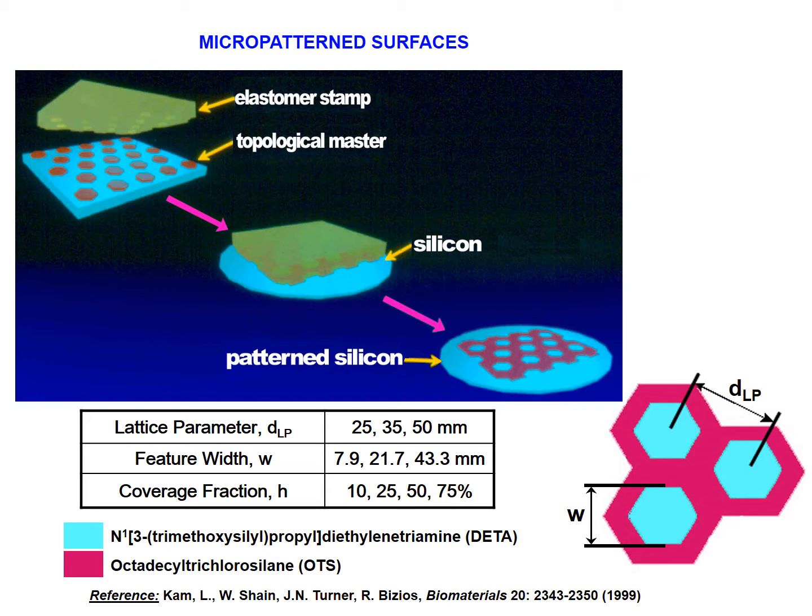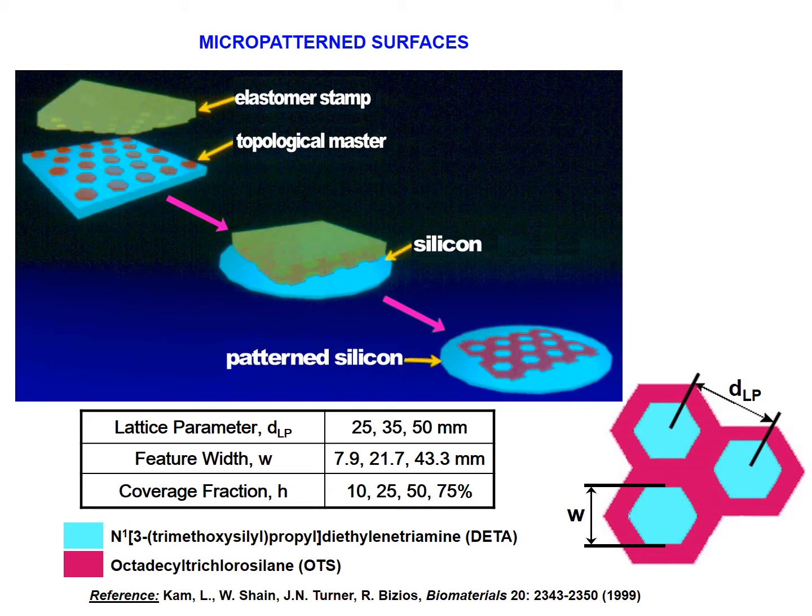The important thing that is pertinent to the chemical modification of the surface of the substrate now is the following. Two compounds were chosen to modify that surface. Both have huge and difficult to pronounce names, so allow me please to use the abbreviated letters DETA for one of them and OTS for the other. What is the important difference? DETA was used to be absorbed in the center of these patterns.